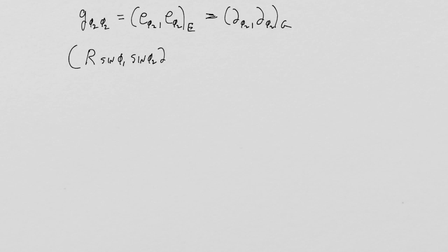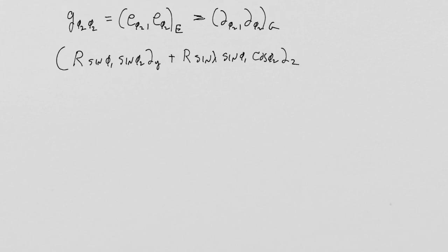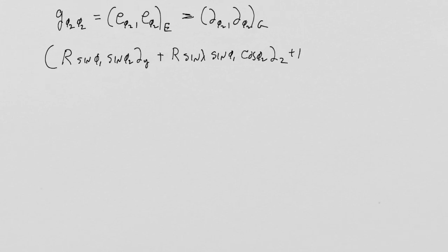partial y plus r sine lambda sine phi 1 cosine phi 2 partial z, and then plus r cosine lambda sine phi 1 cosine phi 2 partial w.